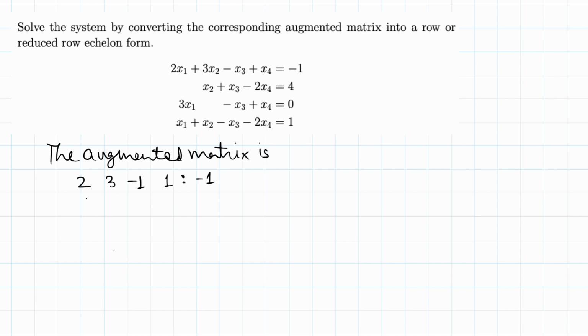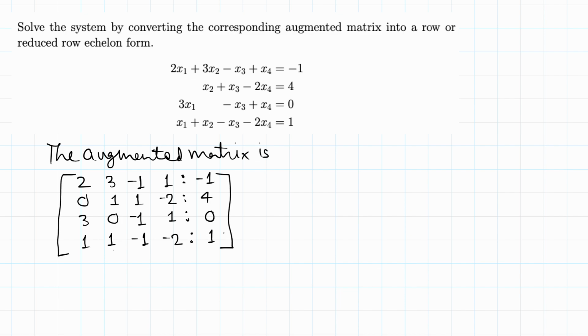There is no x1, that means 0, 1, 1, negative 2, 4. From the third equation we got 3, there is no x2, means 0, 3, 0, negative 1, 1, 0. And here is 1, 1, negative 1, 1, 1, negative 1, negative 2, 1.